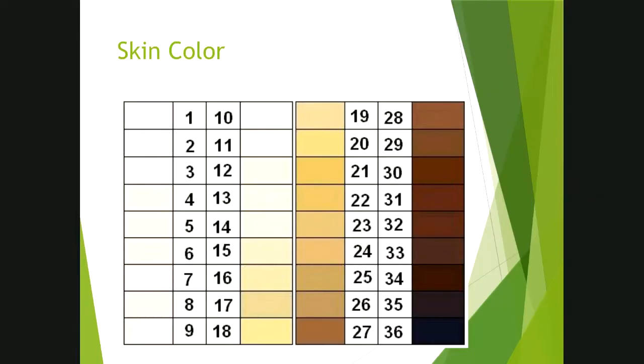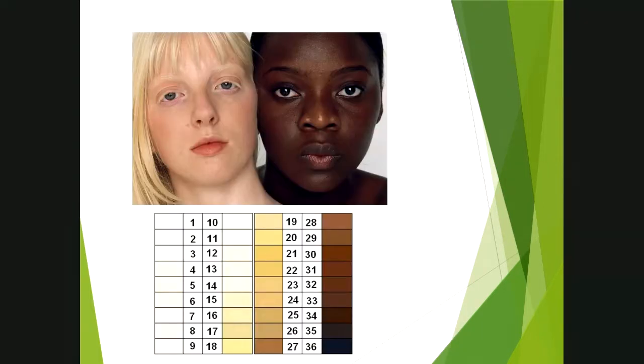We even have a scale for skin color. If you look at this, you can probably find your own skin tone on here somewhere. If you hold your arm up next to the screen, you can compare it and see. Well, if you don't want to do that, you can do it for these people. If you figure out what her skin tone is and what her skin tone is, you can see very, very big differences.